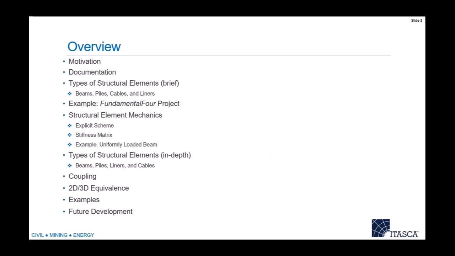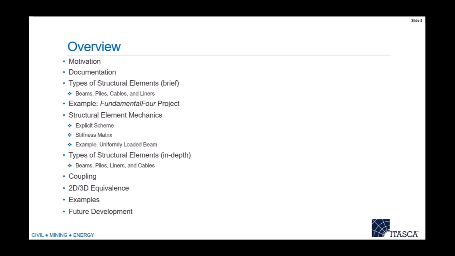Then I'll give a brief intro on the types of structural elements. Basically, in 2D, there are beams, piles, cables, liners, and stays. Then we'll look at an example I call the fundamental four: the beams, piles, cables, and liners. It's just a toy example so we can see what they're doing. It's not a real engineering example.